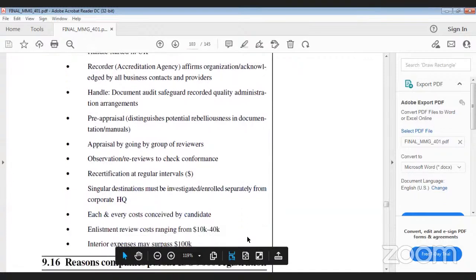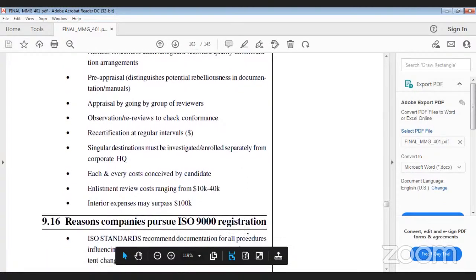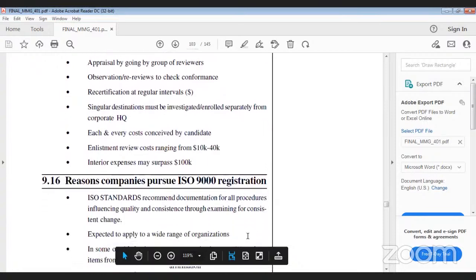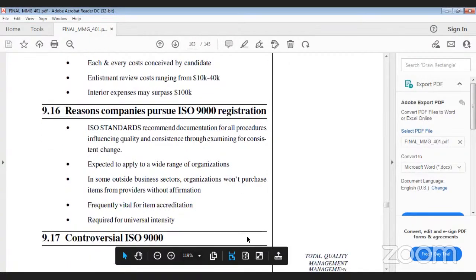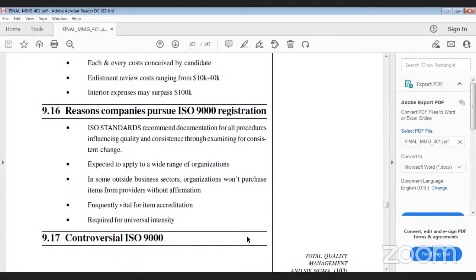Then next is handle document, then pre-appraisal, appraisal by visiting groups of reviewers, then observations, rectification, singular destinations must be investigated separately from corporate office, then each and every cost consumed by the candidates, then 50 crore, then interior expenses may surpass $100,000.